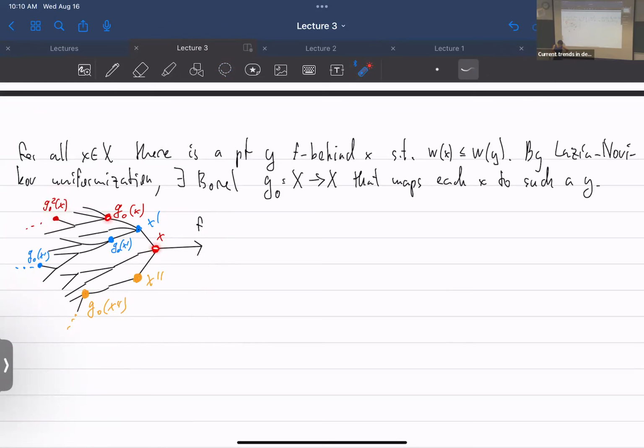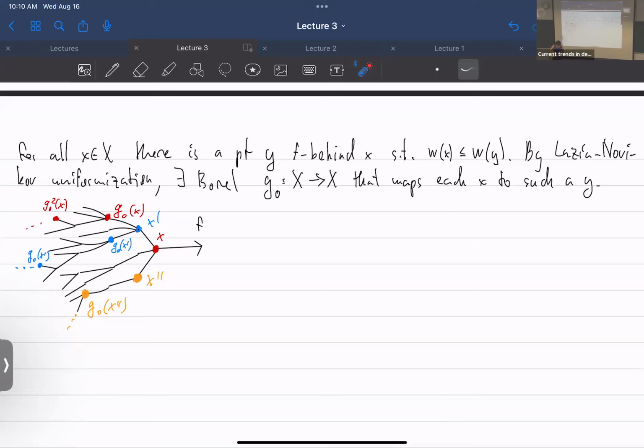So these points only grow in weight, and note that they live on the same end. There is one end connecting, so they live on this geodesic from the forward end to their own single end, because everyone picks a point behind it.